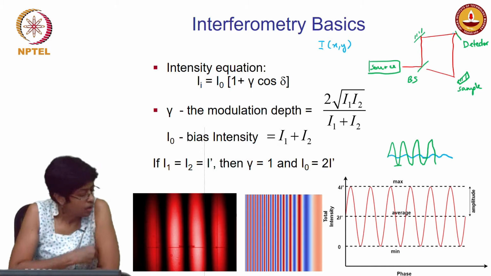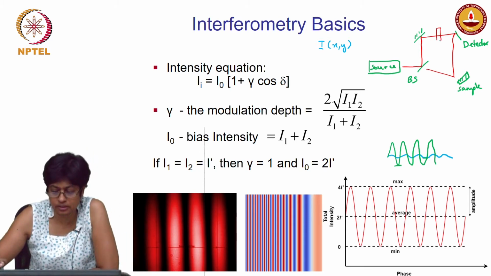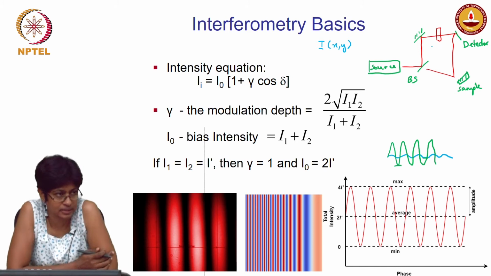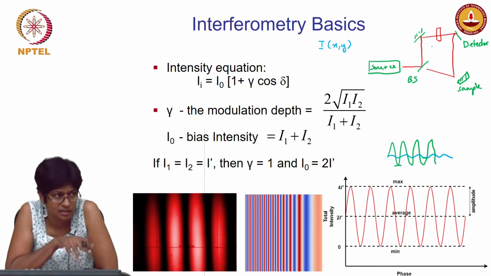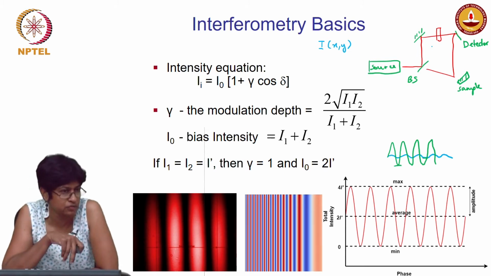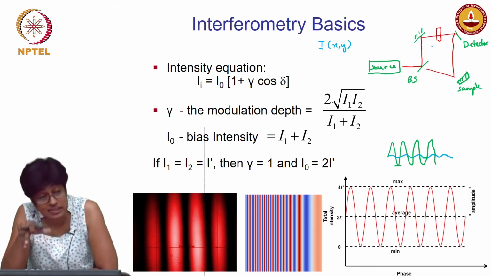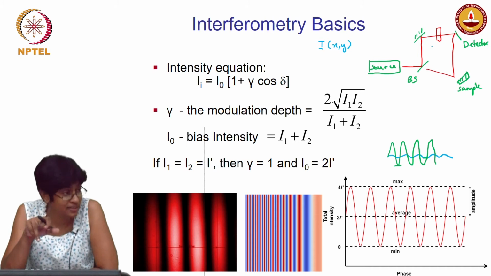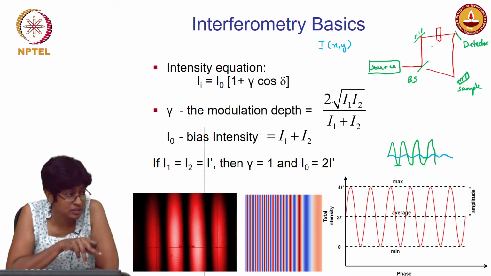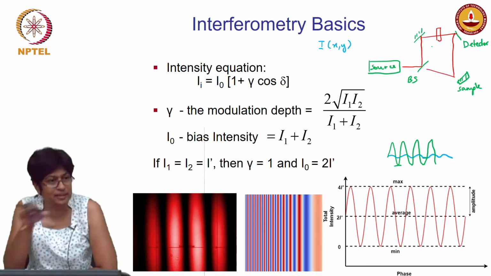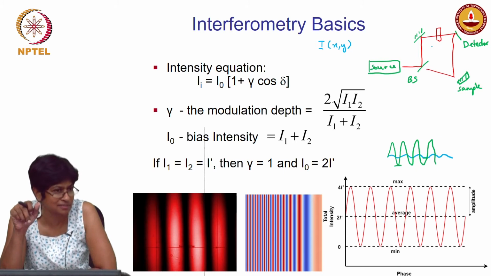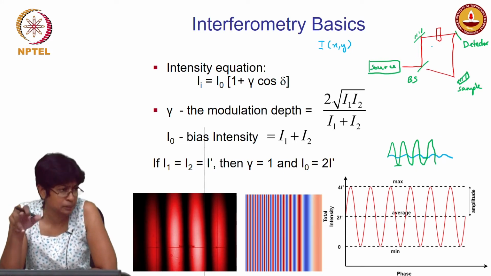That could be one way, or I could put a filter in this arm that cuts the intensity, but the filter is less efficient because there I am actually throwing away the power, whereas if I change the splitting ratio of the beam splitter, I am sending more power to the sample, making the sample beam higher intensity and less power to the reference beam, which means it might end up being equal in intensity to the reflected beam, right. So, having a beam splitter of a different splitting ratio is good.